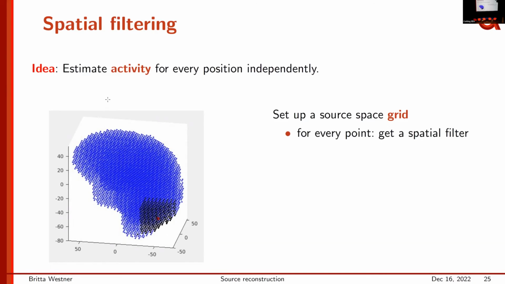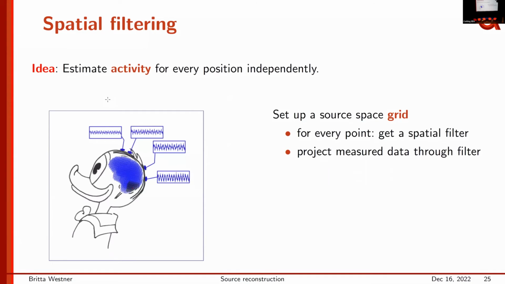And now for each of those points, I think here we have roughly 11,000, we want to get a spatial filter. And then all that is left for us to do is we project the data through each of those filters, getting an estimate for each of those source points, one after the other, until we have estimated the source activity at each of those grid points in the brain.